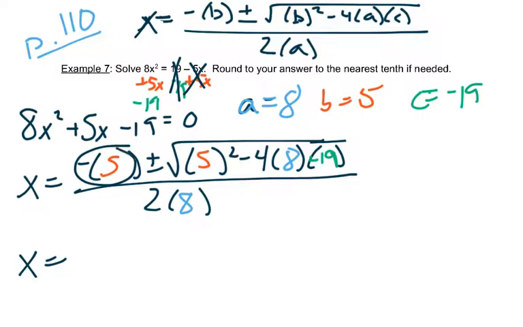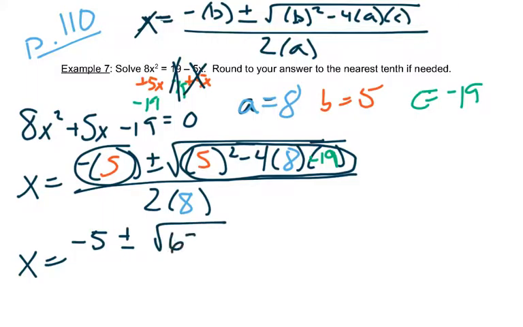We'll start here, and that's a negative 5. And then we'll do all of this that's underneath the square root together. Go ahead and do the parentheses like you see them. And that gives us the square root of 633. And on the bottom, we have 16.